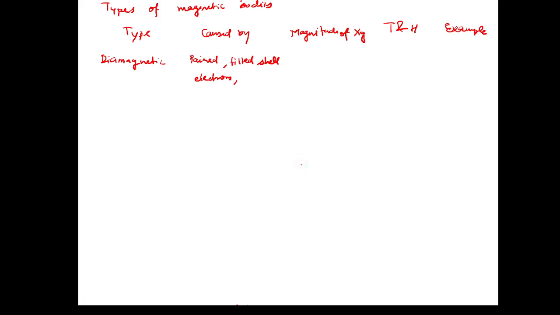Okay, and the effect is submerged by the unpaired electrons. So the magnitude of chi is basically negative and small, in the order of minus 1 into 10 to the power minus 6 CGS unit.